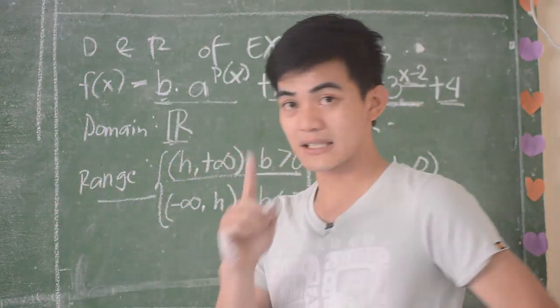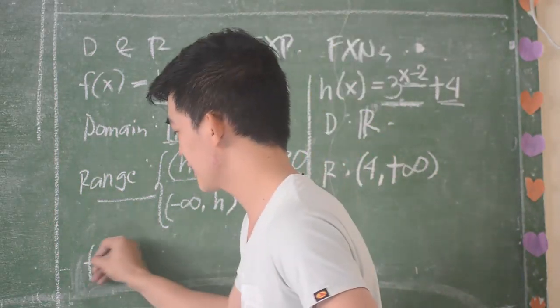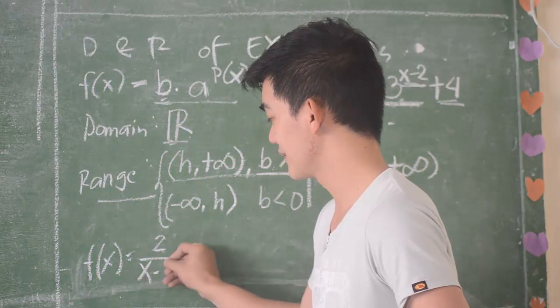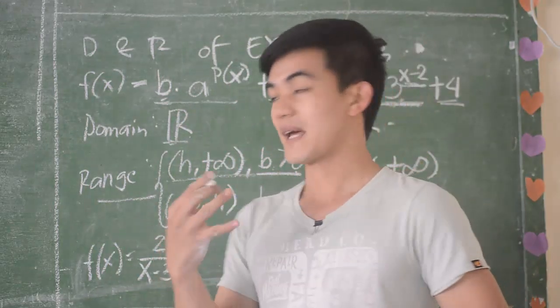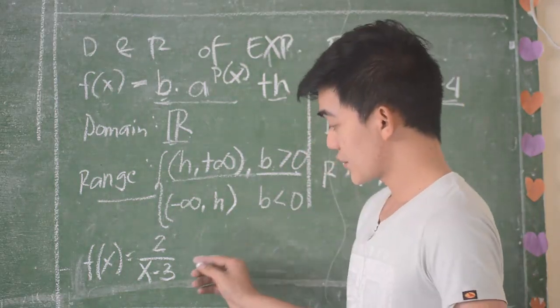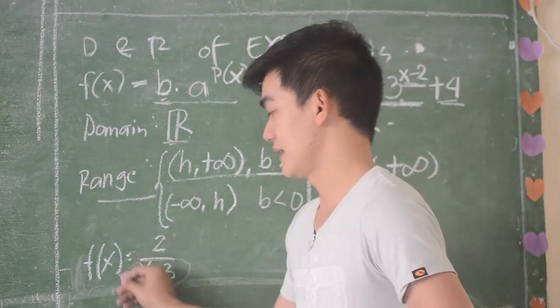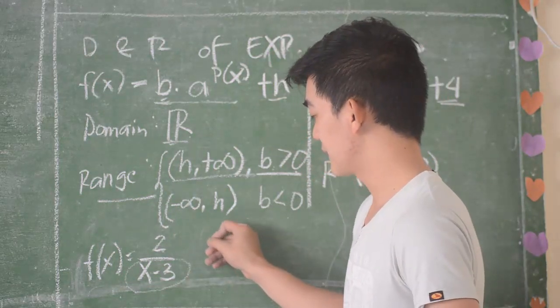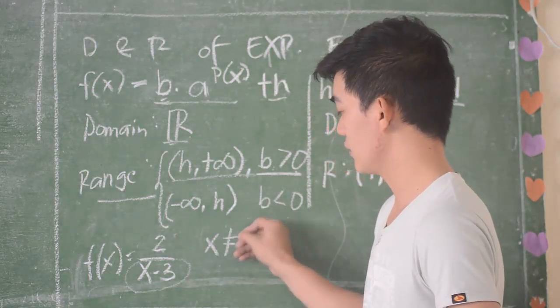Unlike, if you can remember, sa ating rational function, suppose we have here a function f of x is equal to 2 over x minus 3. Di ba sa rational function, may restriction ng ating domain. Anong restriction yun? Kung ano yung magpapa-0 sa ating denominator. So, that is except x here should not be equal to 3.